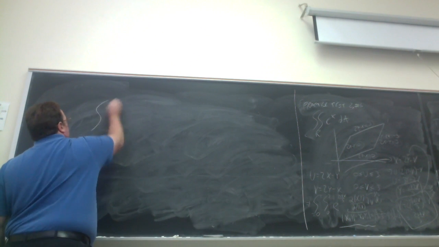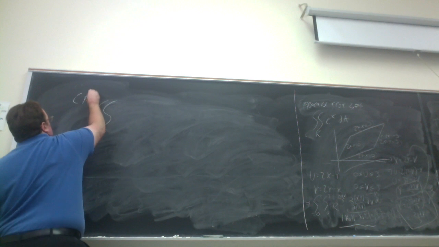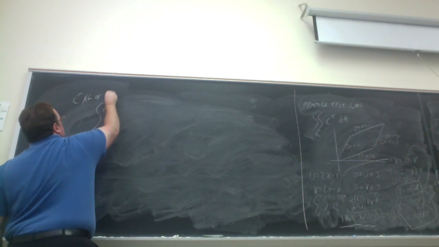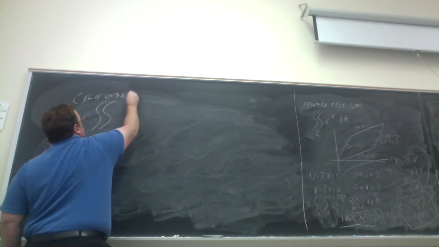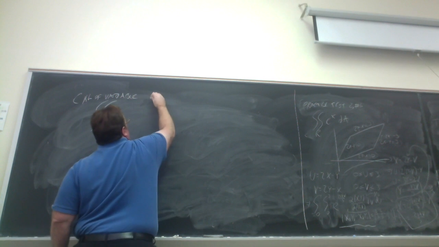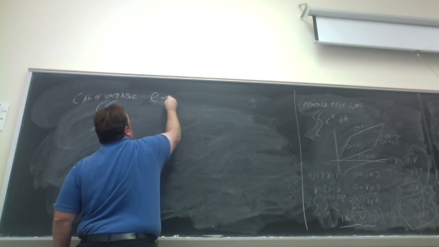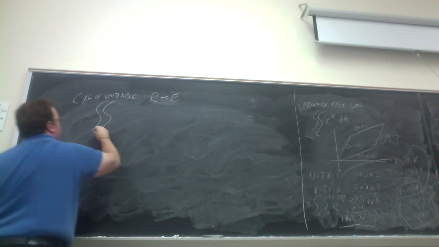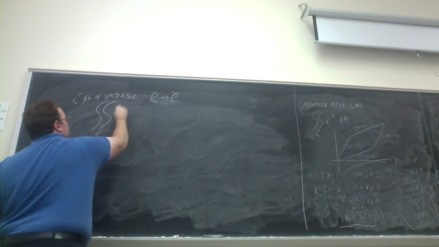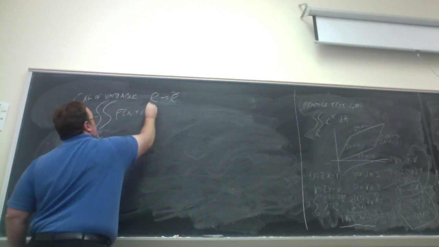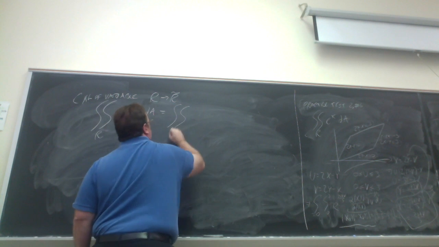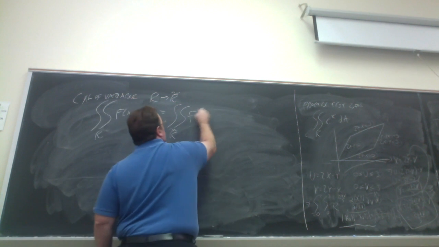The last comment on this one. So, if you would change a variable from some region R to a new region R tilde, your original integral becomes an integral over the new region with the new limits.